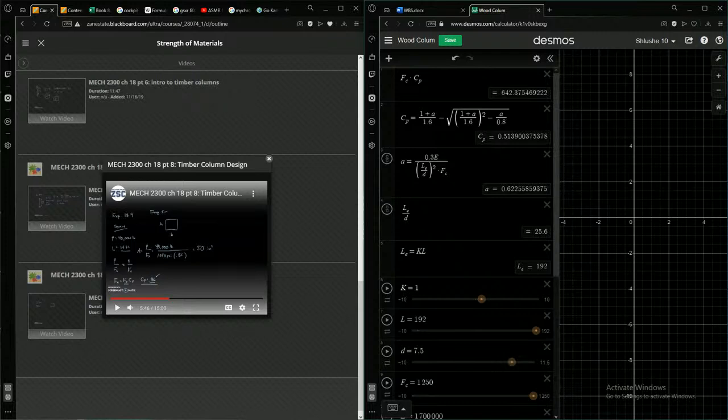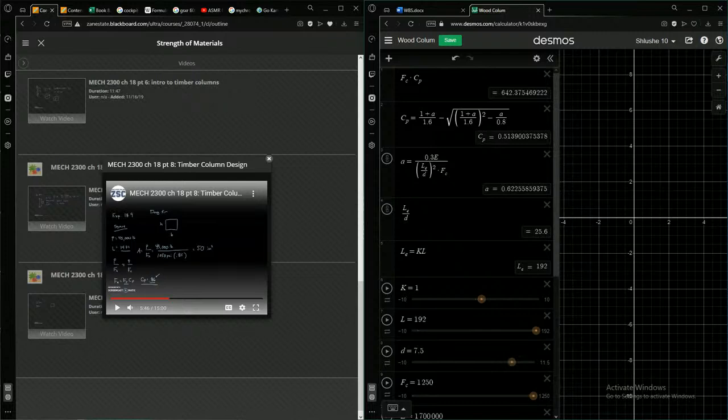I'm not really worried about it. So let's start with K times L is 1 times 192. L_e over D is 25.6.